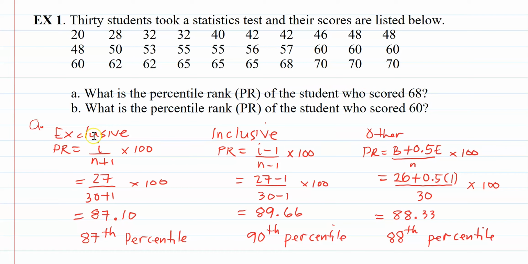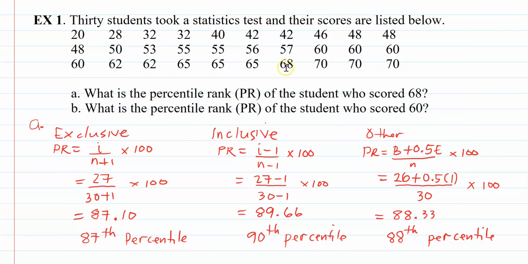Using the exclusive method, our formula is PR, percentile rank, equals i over n plus 1, times 100. Our i is the position number of the score 68. So if we count from the lowest up to 68, this will be 10, and then 20, and then 21, 22, 23, 24, 25, 26, 27.